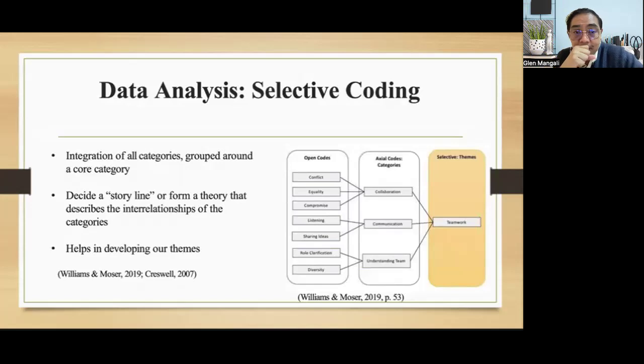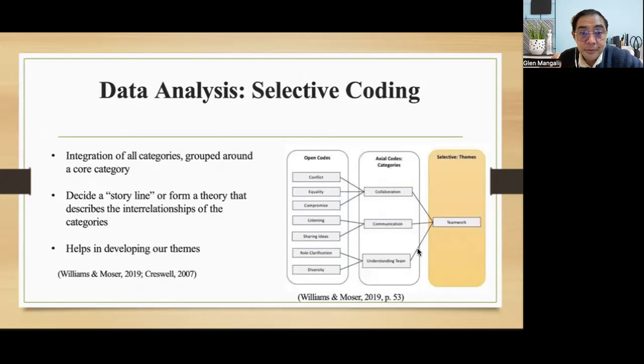So for example, conflict, equality, and compromise can fall under collaboration. So notice that the central theme or main idea of these three codes could lead to collaboration.